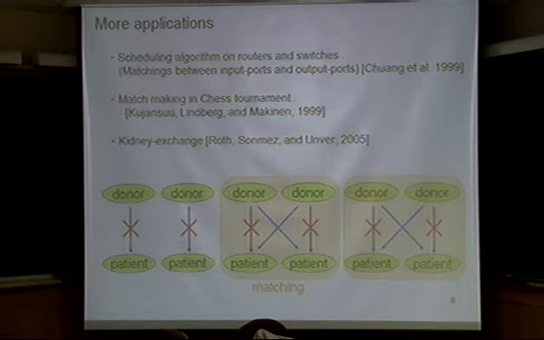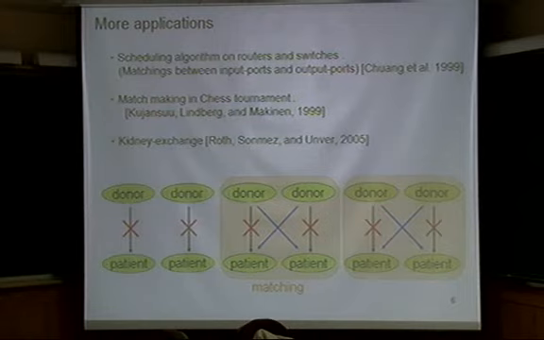And another interesting point is that it's not necessarily a pair matching. It could be a cycle. For example, this donor can provide to this patient, this to this, this to this, and this to this. Then it's a cycle. But the restriction is that you need to do the operation simultaneously for these 8 people.